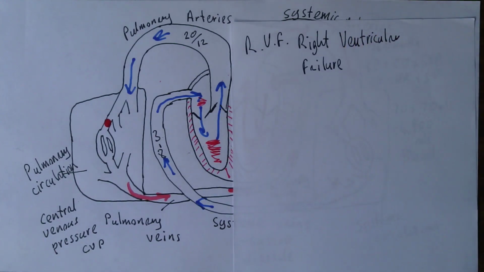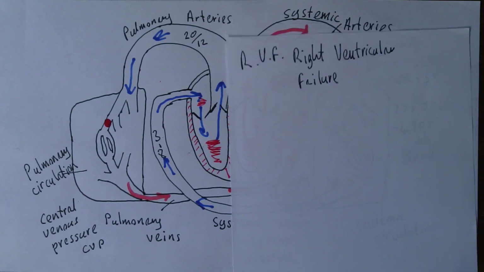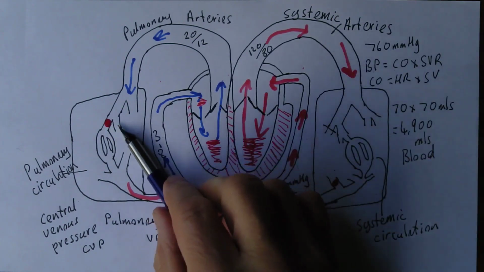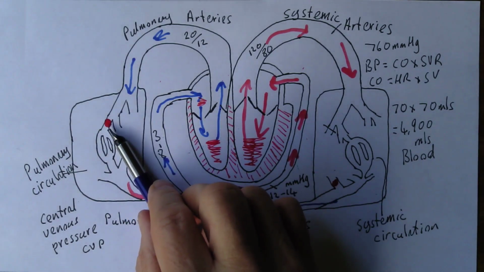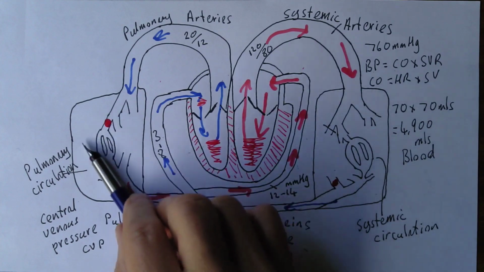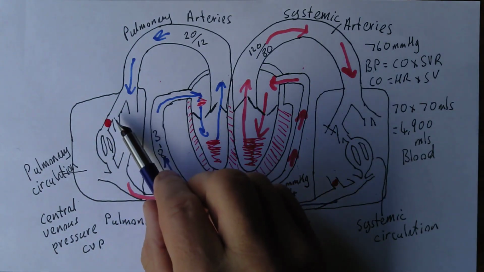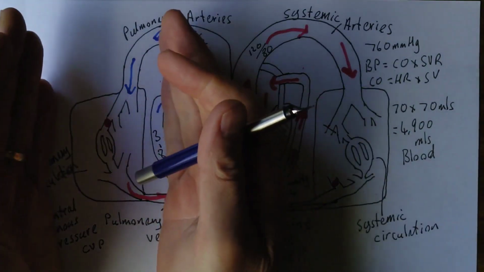Now, we have noticed that right ventricular failure can develop secondary to lung disease. So if there's problems in the lungs where there's not enough oxygen in the alveoli, there's going to be a reflex pulmonary arterial vasoconstriction. It's going to close down.